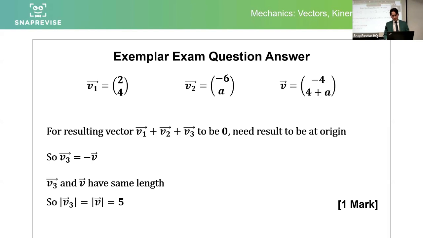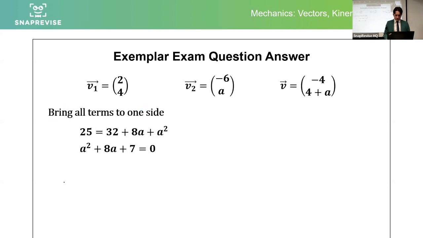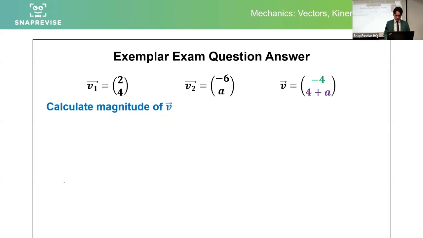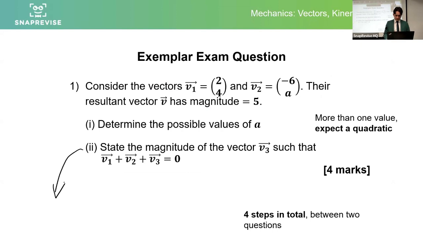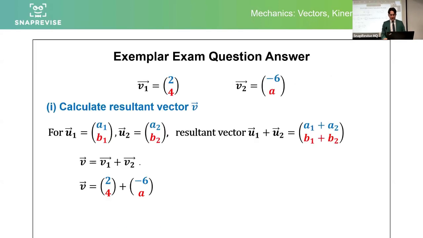So since we know that V3 has a length of 5, and we were actually just asked for the length. So since it's just the reverse of it, if I go back to the question, the magnitude of it must also be 5. The magnitude of these two bits was 5. So that's why it was a 1 mark. State that question.